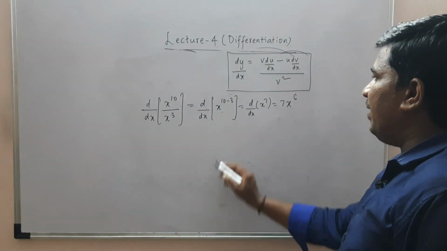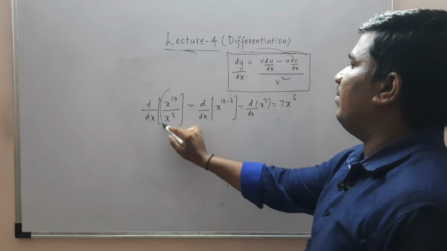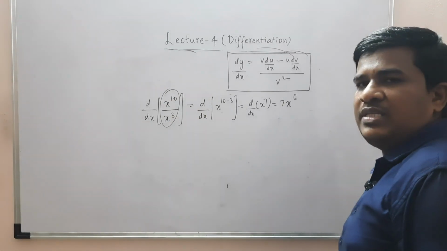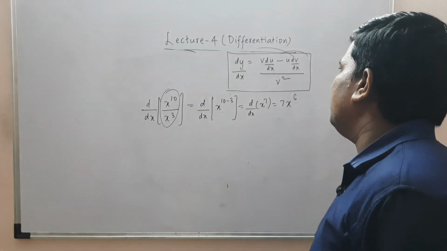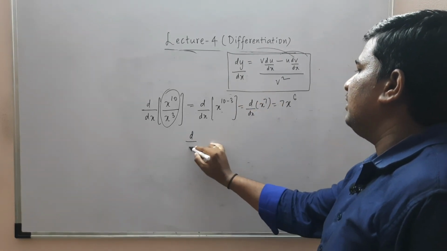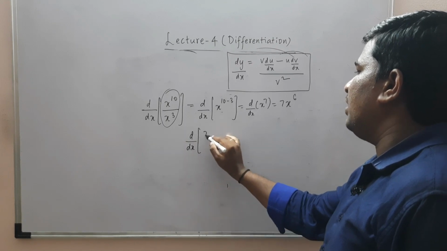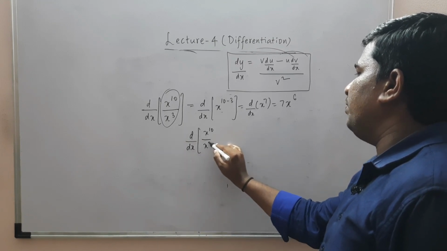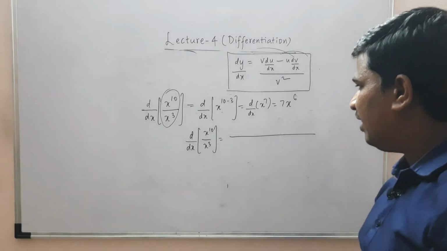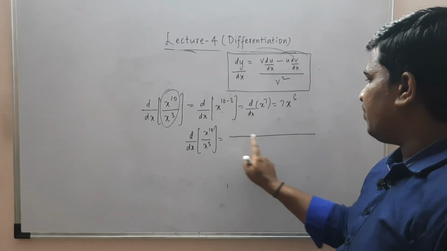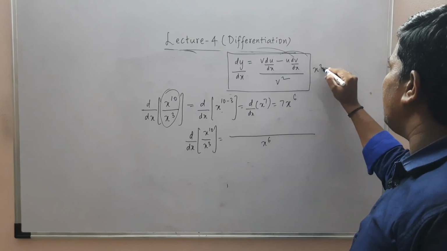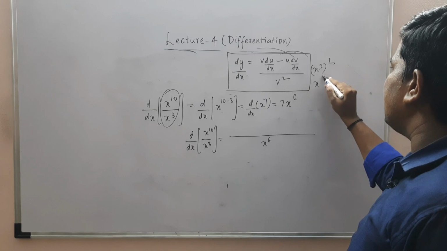And the same x power 7 I am expressing as a division of two functions. f of x is x power 10, g of x is x cube. So if you use this method even, you should find the same answer. So here what do I write? I must write its square in the denominator. So x cube whole square will become x power 6.